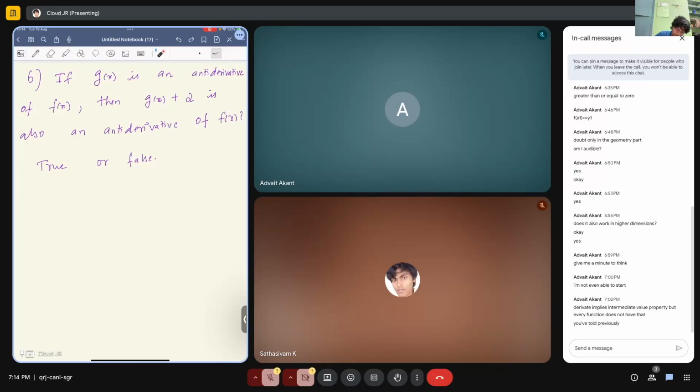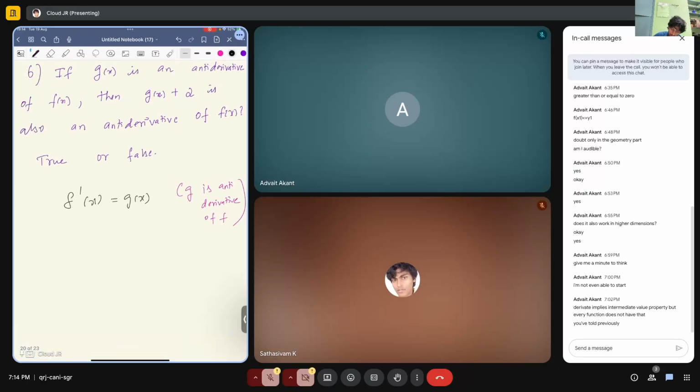So what does that mean? Since g is an antiderivative of f, that means f prime of x is equal to g of x, because g is an antiderivative.